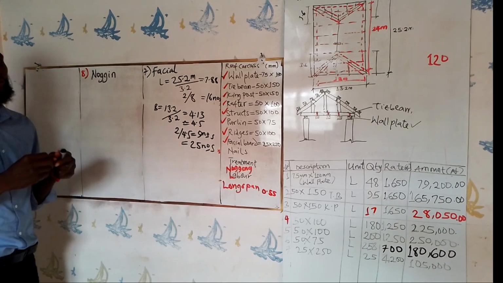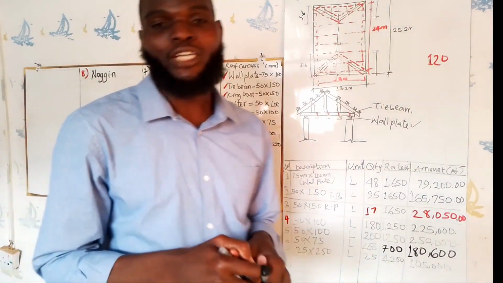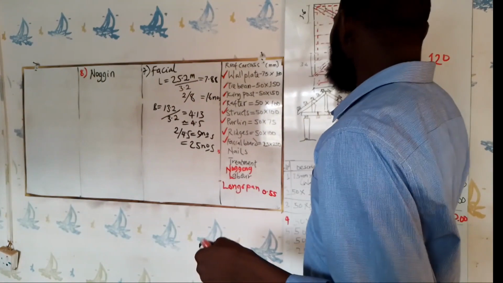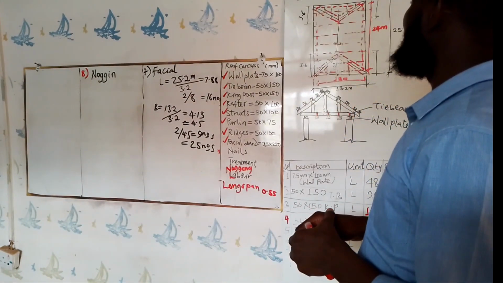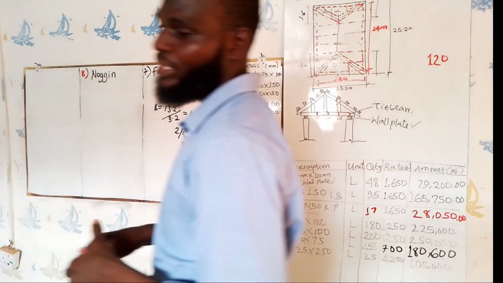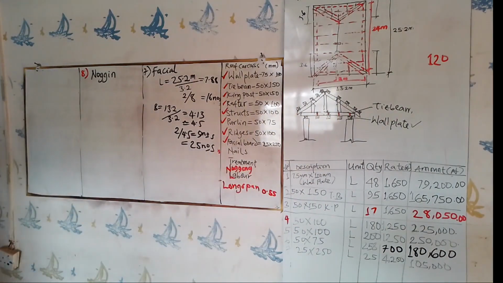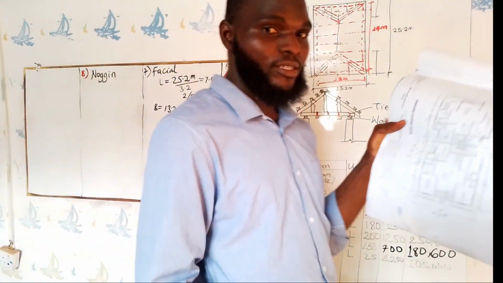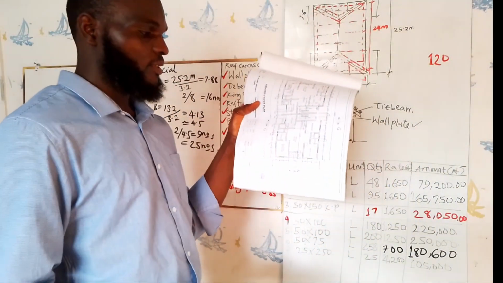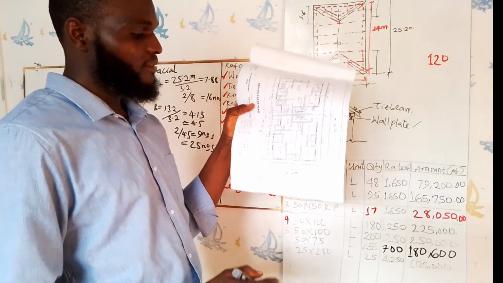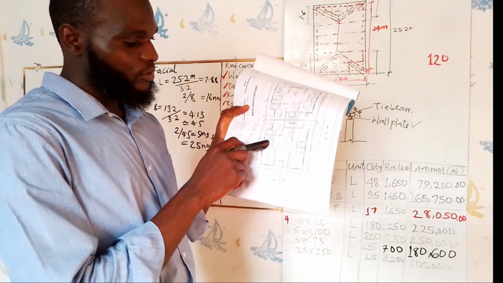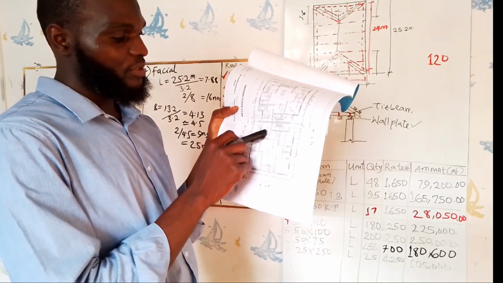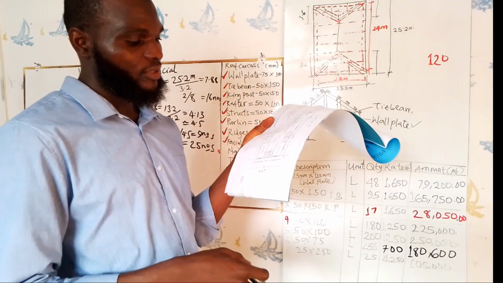The noggin actually has to be done room by room. If you don't do it that way, you can't get the right quantity of noggin. And as you can see, this is the plan, so I have to do this separately, each of the rows separately.